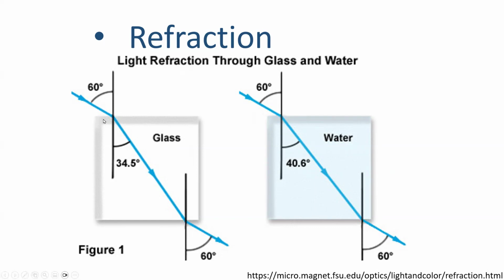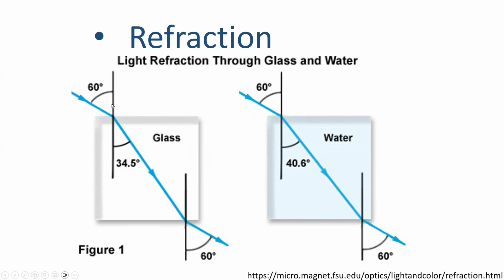All right, so here is the interface, and here is the normal line, which is perpendicular to the interface, and here is the angle at which the light enters, hits the interface. Both of them are the angle of incidence, light coming in. Both of them are, let's say, 60 degrees away from the normal.